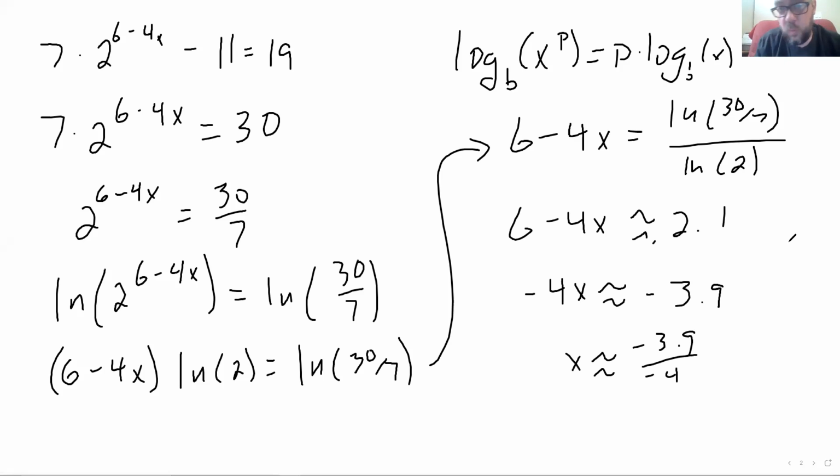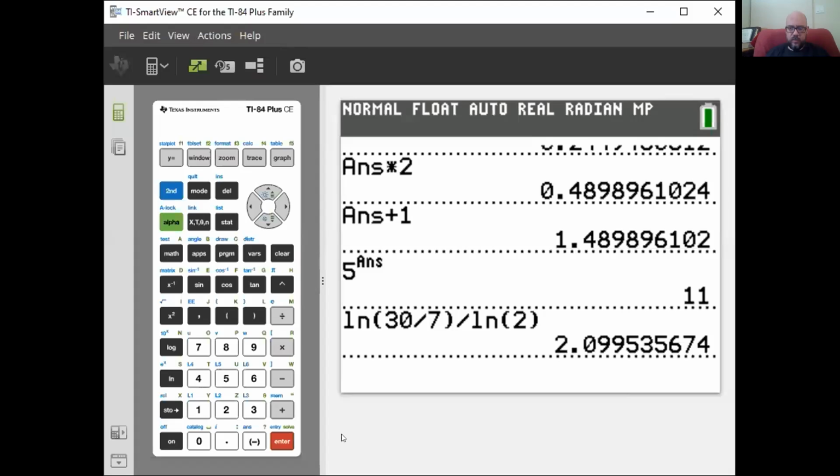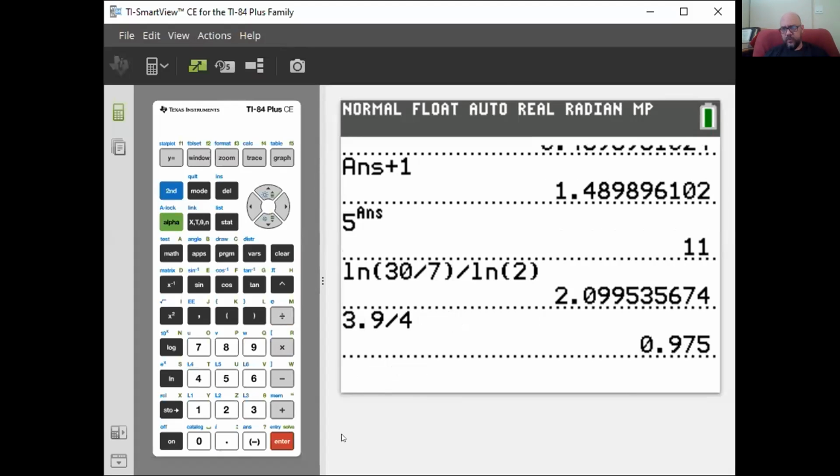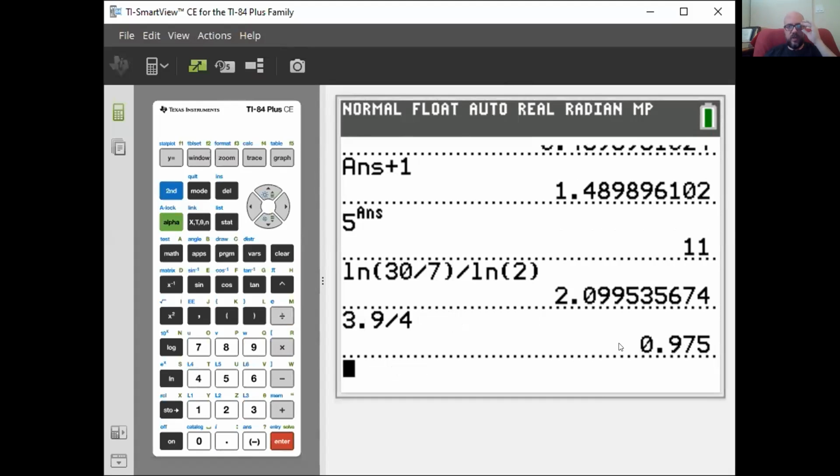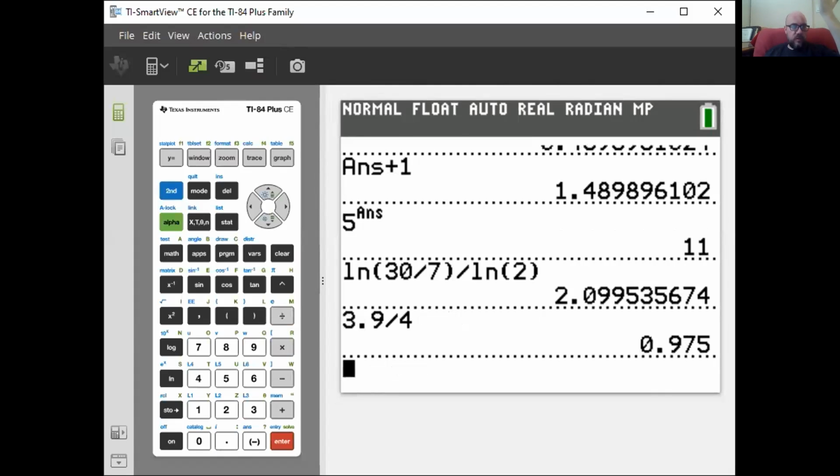I don't know if I'm comfortable calling it exactly 1. It'd be 1.025 or something like that. So 3.9 over 4, oh, 0.975. It's smaller, not the other way around. So 0.975 is about my answer.